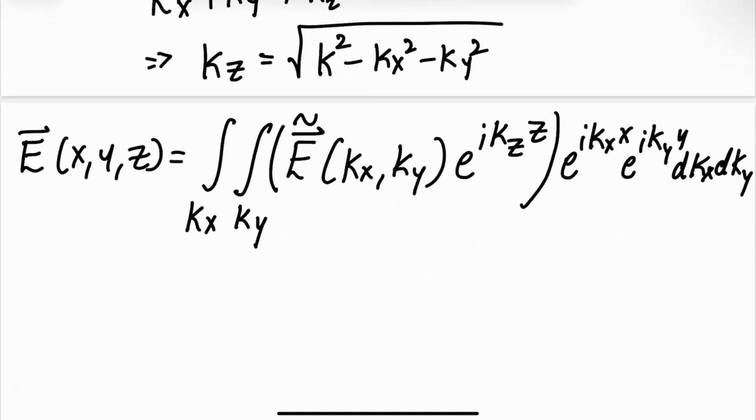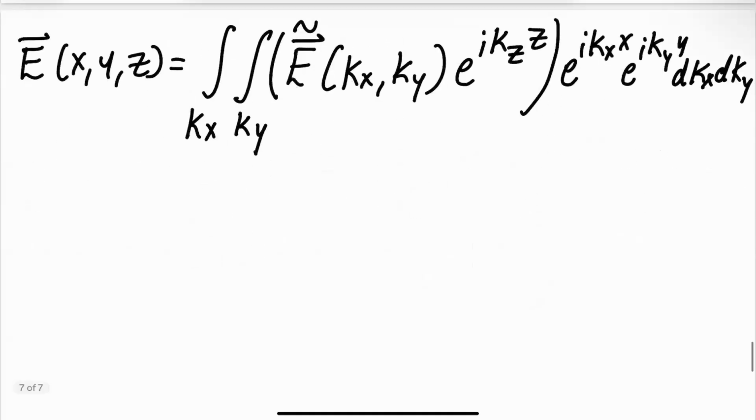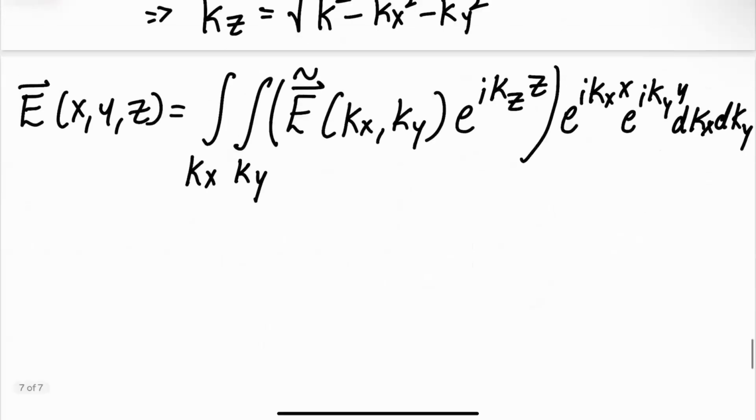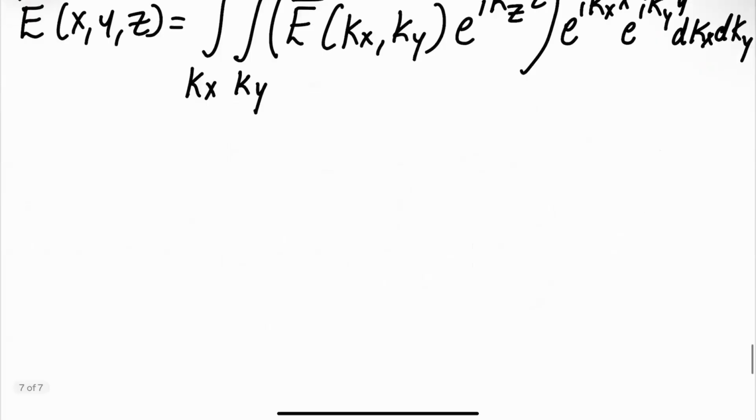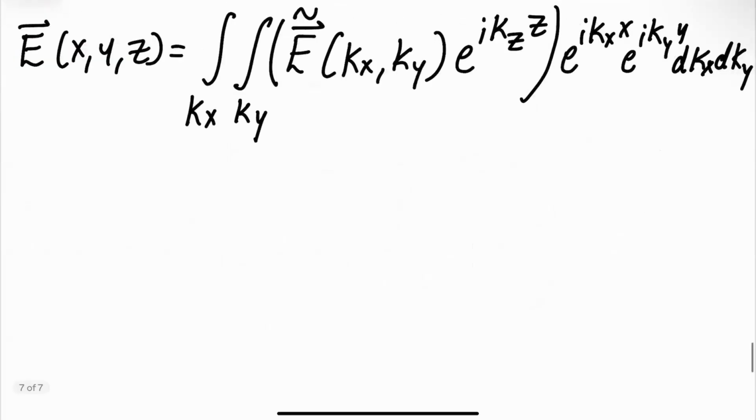Okay. So what does this actually look like? This is in fact saying that given an electric field in real space, in K space, if I specify just this quantity, what is the value of E tilde as a function of kx and ky? From that, I can fully reconstruct the electric field.